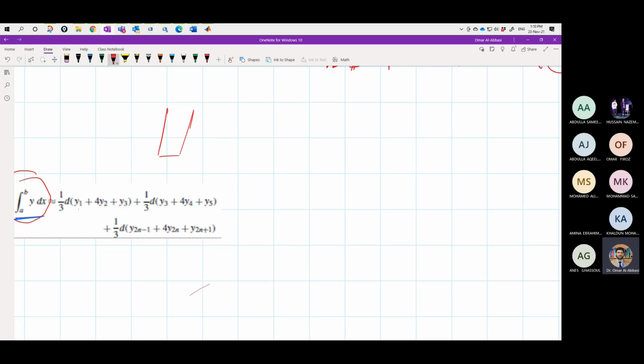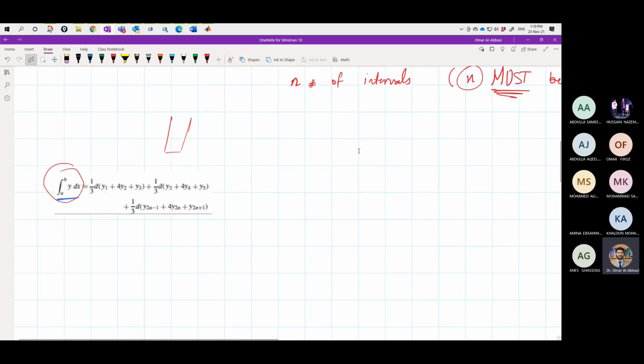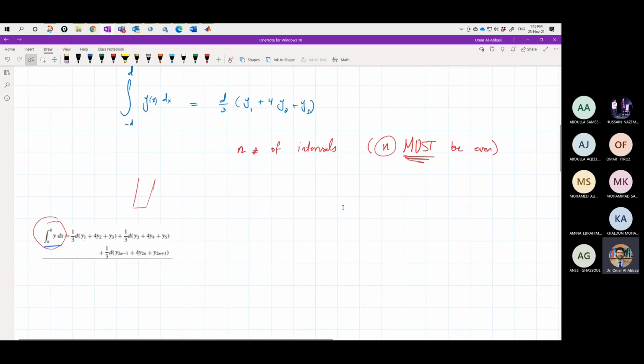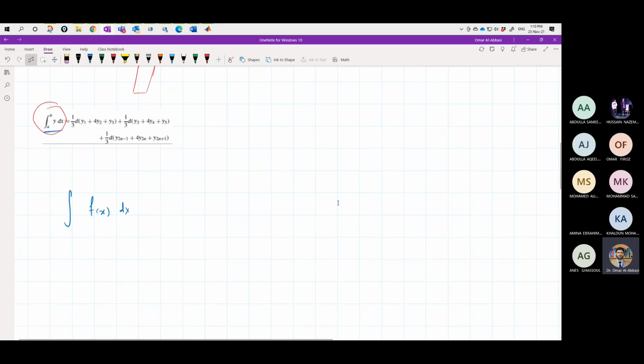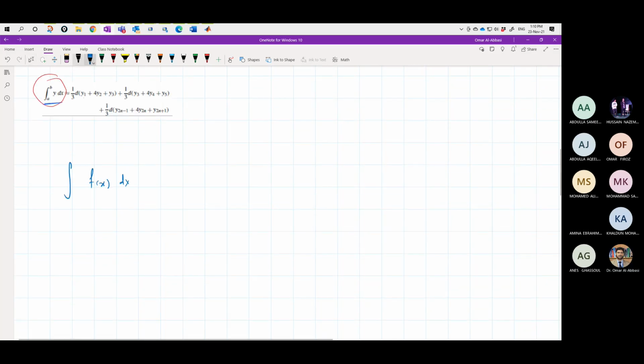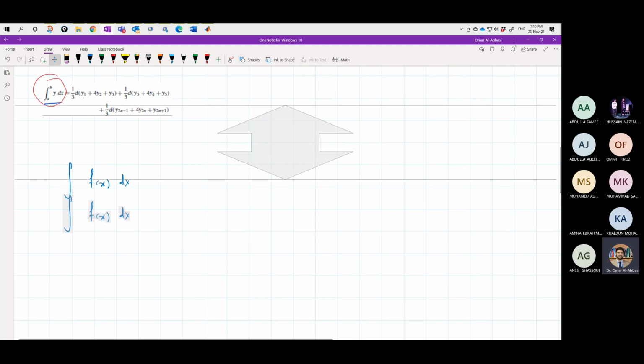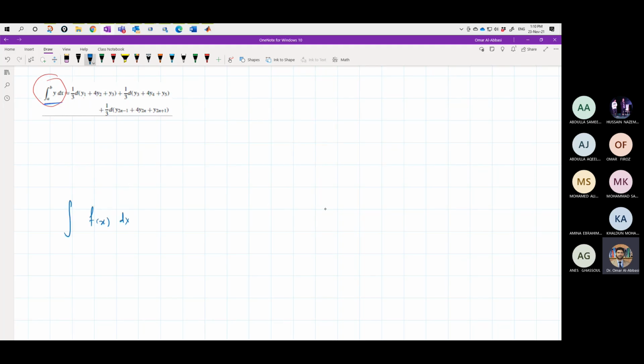Let us see the following example in order to find the final form of Simpson's rule. So let us integrate the following function, dx. I will add more space over here.